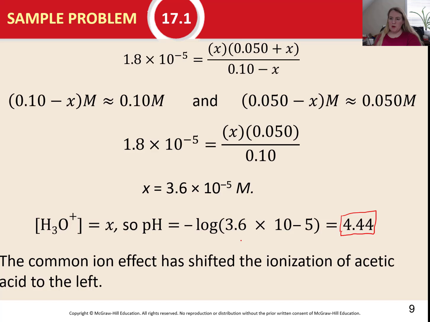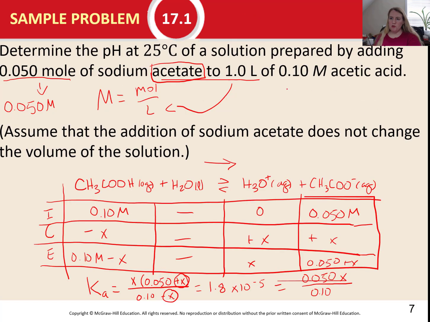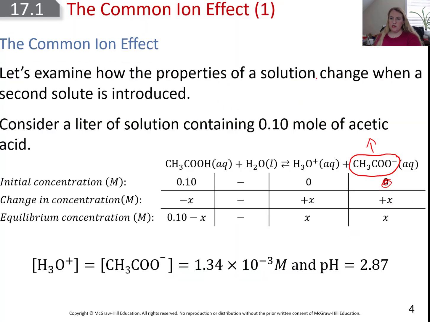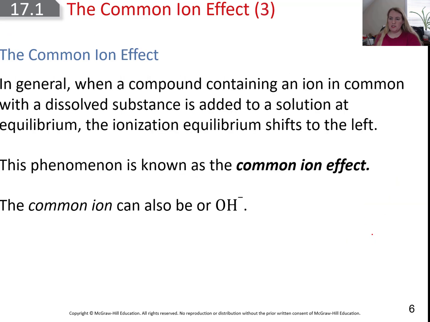Now remember, we were starting with 0.1 molar acetic acid, and earlier we used an ice table to find that the pH of 0.1 molar acetic acid is 2.87, which is acidic, less than 7. By adding acetate, sodium acetate, which contains a conjugate base, that should increase our pH. And sure enough, it did increase it.